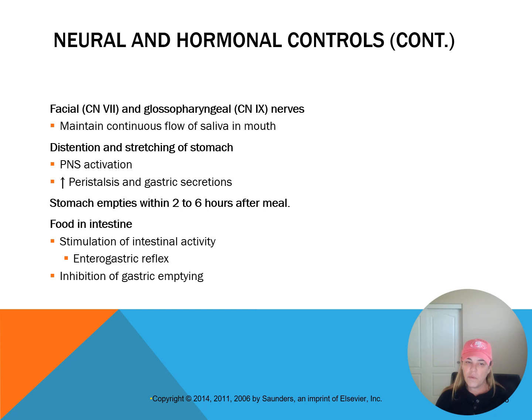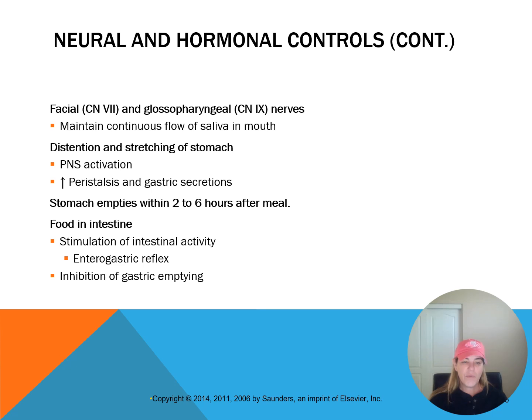Again, as we go on, the facial nerve 7 and the glossopharyngeal nerve 9 also have a role in the digestive system. These nerves will provide a continuous flow of saliva in the mouth, and then they will increase the production during certain times.